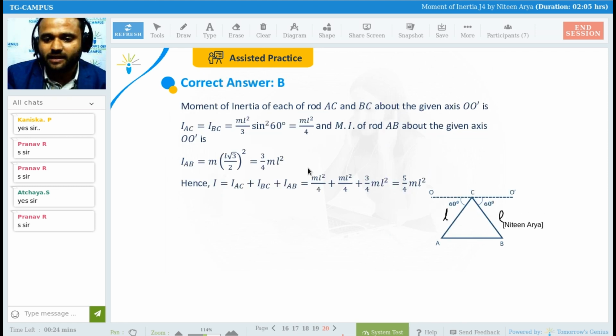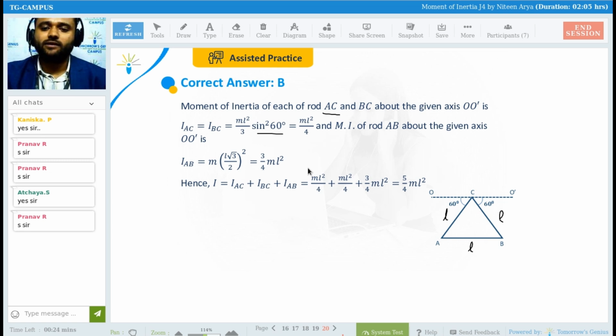This is L, and this is L also. We know the moment of inertia of each rod AC and BC about the given axis OO prime is going to involve sine square 60 degrees, because if this is resolved into two components, they are going to be sine and cos.